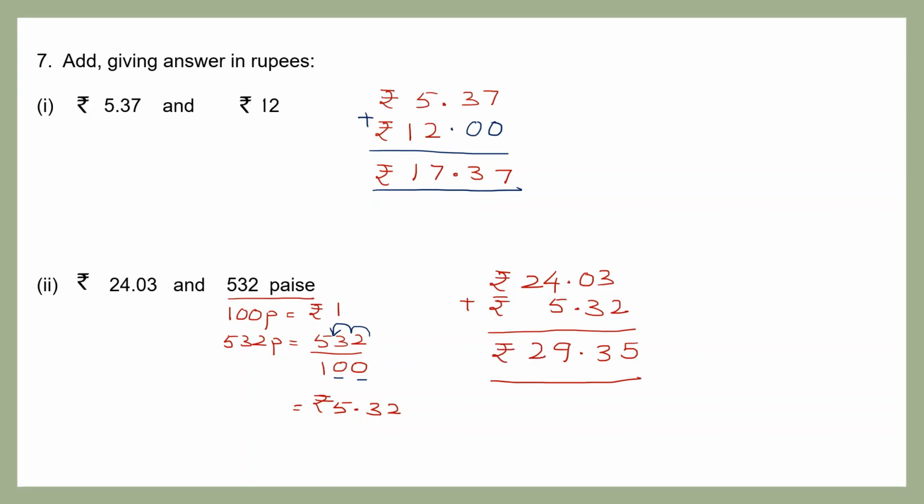So we've got 29 rupees and 35 paise. Now you have to follow your question. What does the question say? Your answer should be in rupees. So after you work out, check and see whether your answer is in rupees. The first one, it is in rupees. The second one is also in rupees.